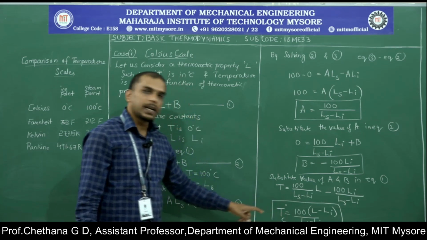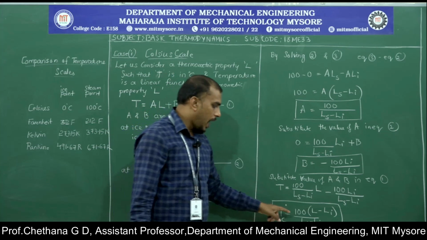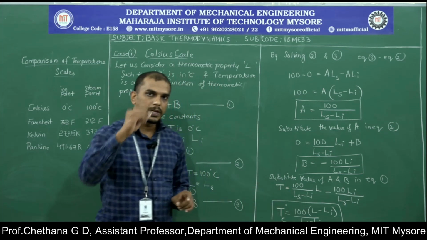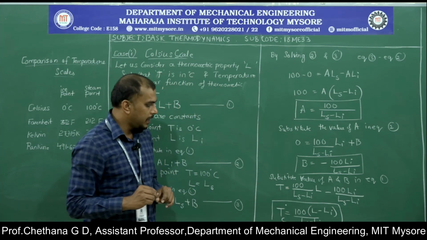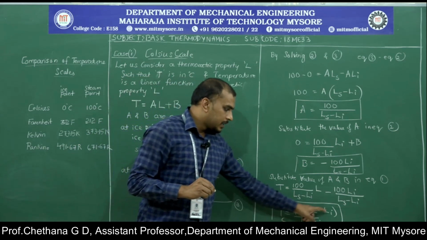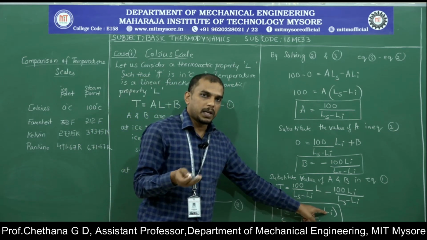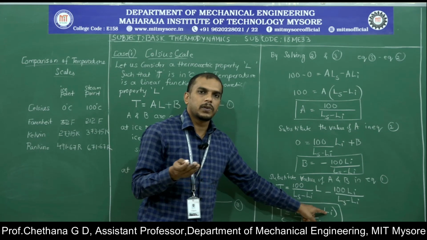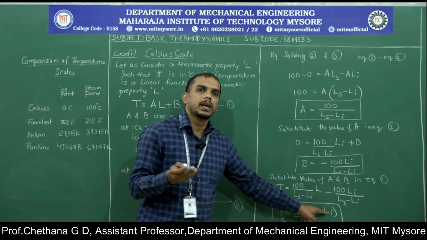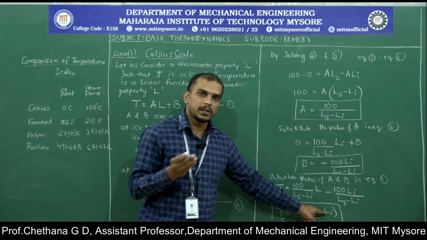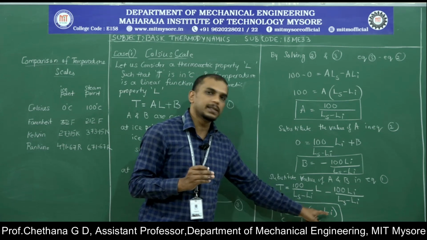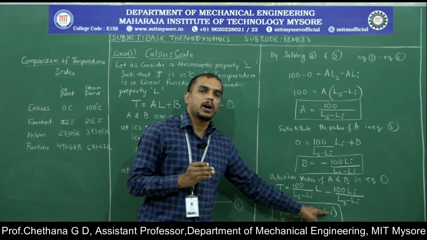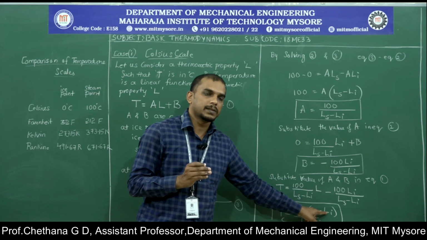This expression is telling us, if you have a thermometer on the degree Celsius scale, where Li is the length of mercury or any property, just for the sake of example we are taking a glass mercury thermometer. Let us assume that this is the length of the mercury in a glass thermometer.